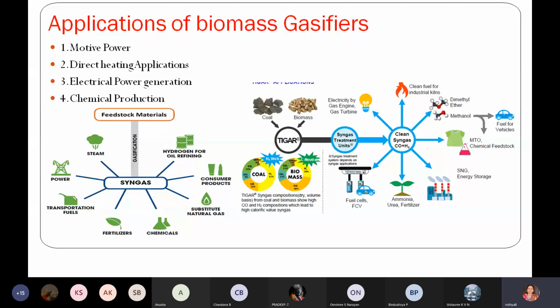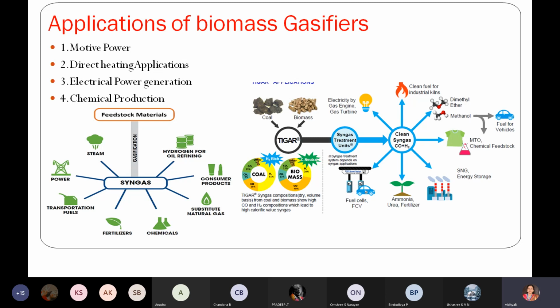It is also used for melting metals and alloys, and as boiler fuel to provide steam or hot water for industries such as silk reeling, dyeing, turmeric boiling, cooking, jaggery making, etc.